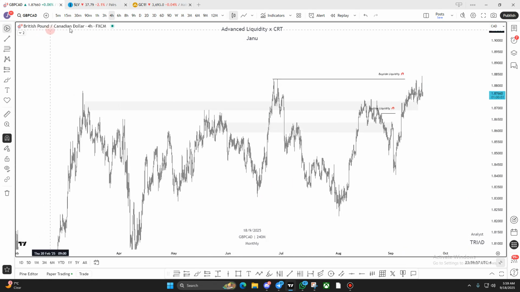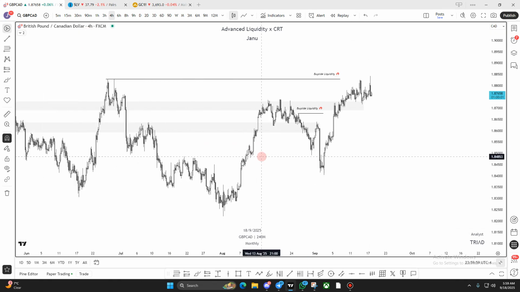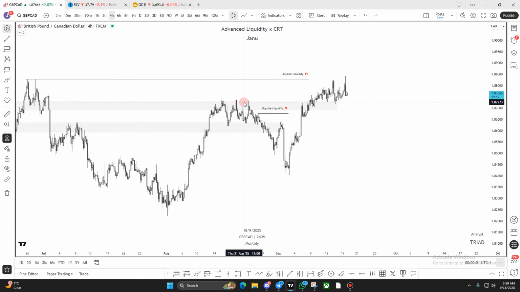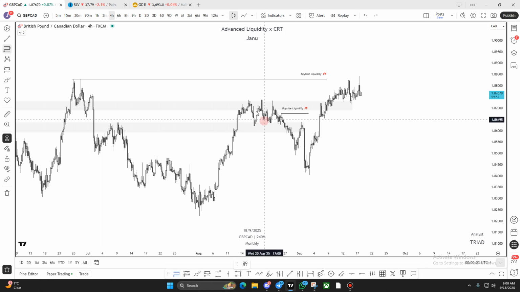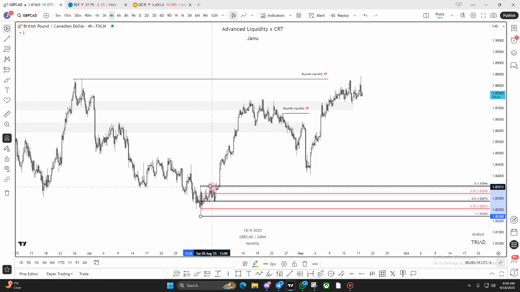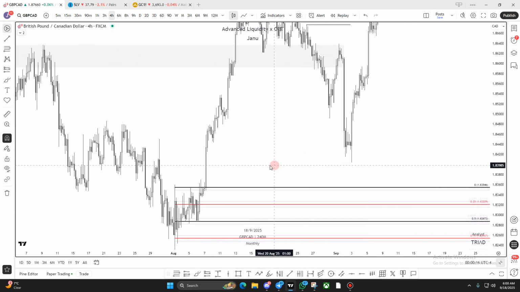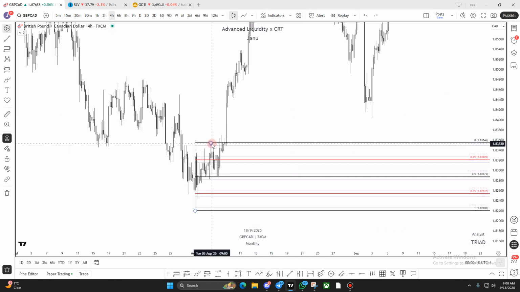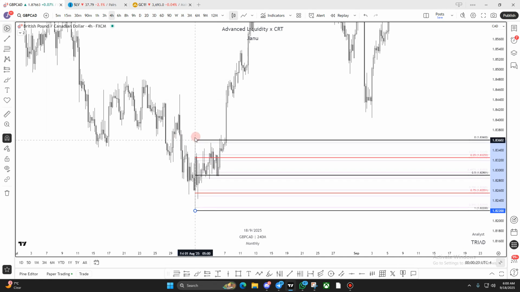So we are in choppy price action. So once it returns to the resistance, I'm not necessarily looking for a quick dip and then a buy. I said I will be waiting till 50%. So I like to use this fib. I mark out the highs and the lows.